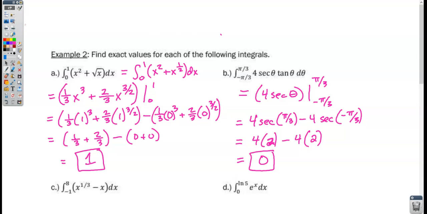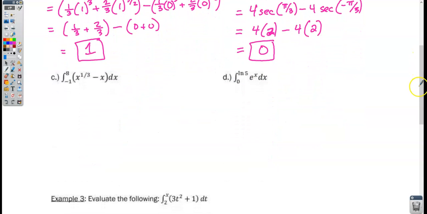On to example C. All right, so we've got to find the antiderivative of x to the 1/3 minus x. So let's see, x to the 1/3, the antiderivative of that is 3/4 x to the 4/3. That's something that when we take the derivative of it gives us x to the 1/3. And the antiderivative of x is 1/2 x squared.